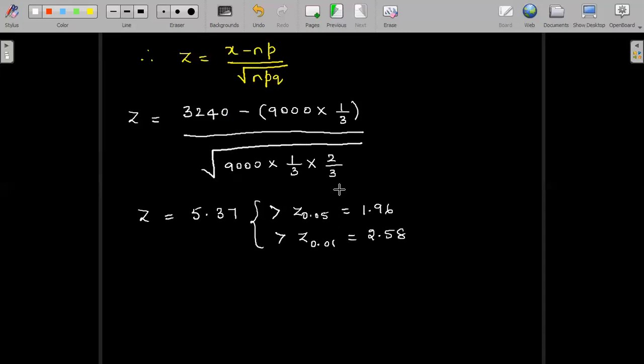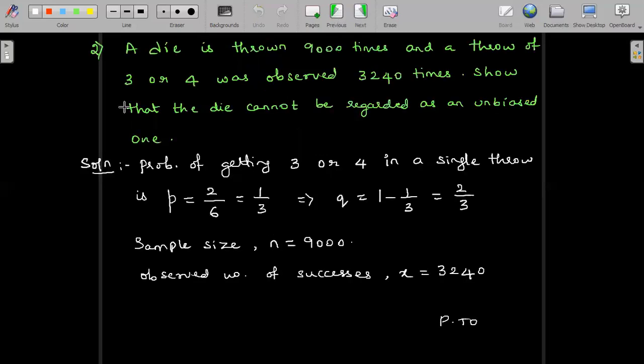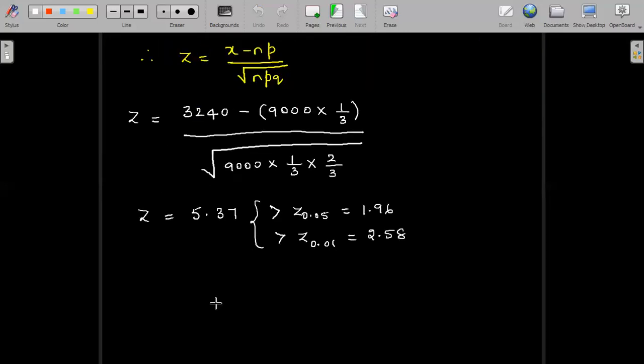So what is the hypothesis here? We can assume the hypothesis H naught as: the die is an unbiased one. If we assume the hypothesis in that way, we are rejecting the hypothesis.